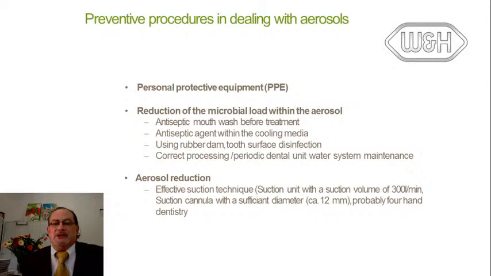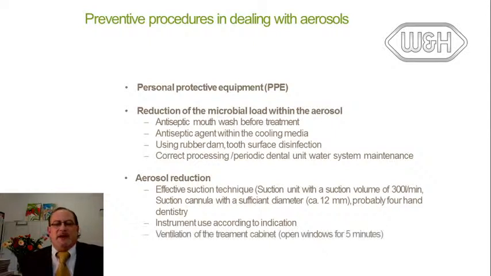That means suction with a suction volume of minimum 300 liters per minute, and the suction cannula with a sufficient diameter of 12 millimeters, probably for hand dentistry, perhaps not only probably. The instrument use according to the indication, and ventilation of the treatment cabinet, open windows for 5 minutes.